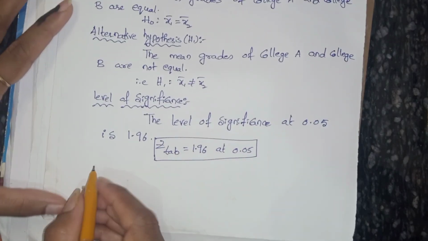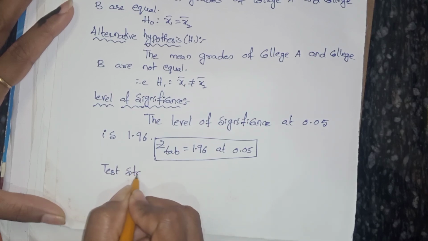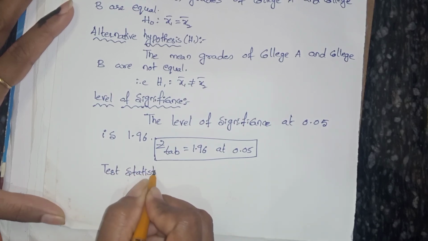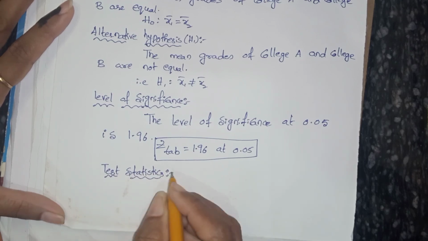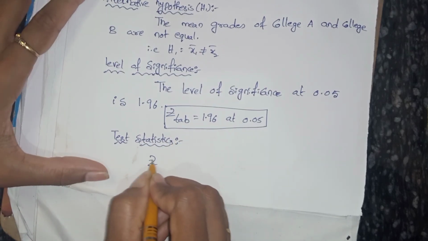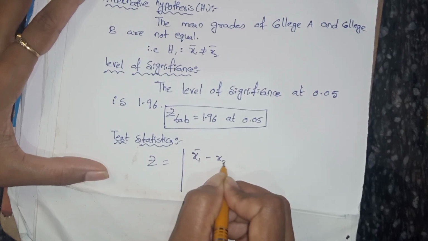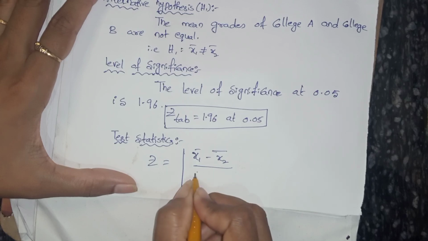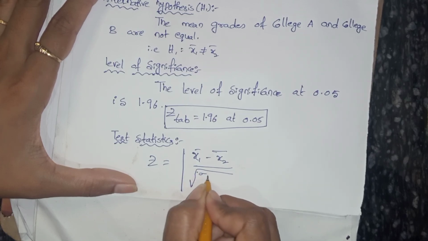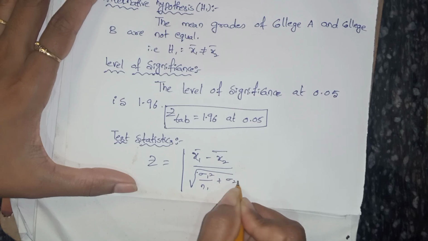Now the test statistic. We have to write the formula. The test statistic is Z equals mod of x1 bar minus x2 bar divided by the square root of sigma 1 square by n1 plus sigma 2 square by n2.